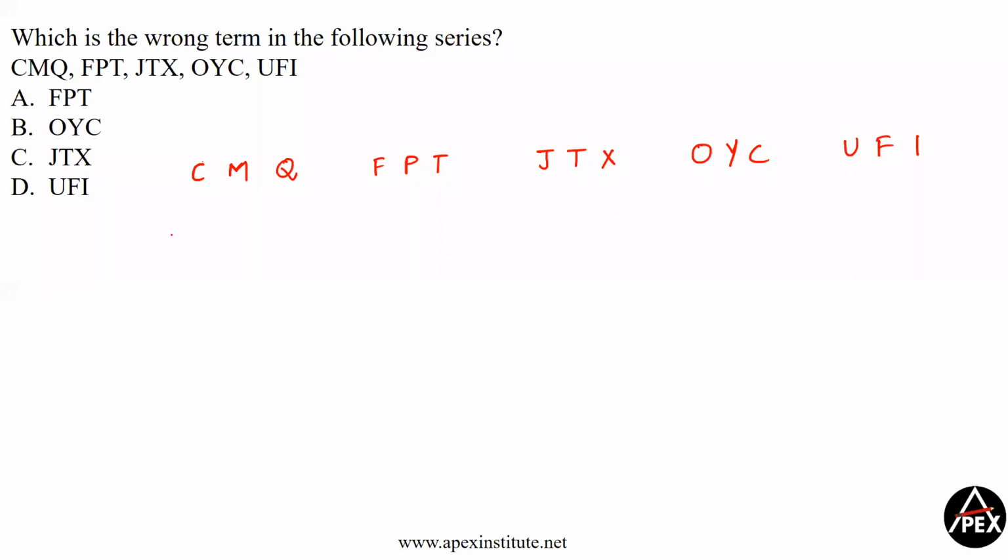So C is 3, M is 13, Q is 17, 6, 16, then 20, J is 10, this is 20, this is 24, O is 15, 25, 3, U is 21, 6.